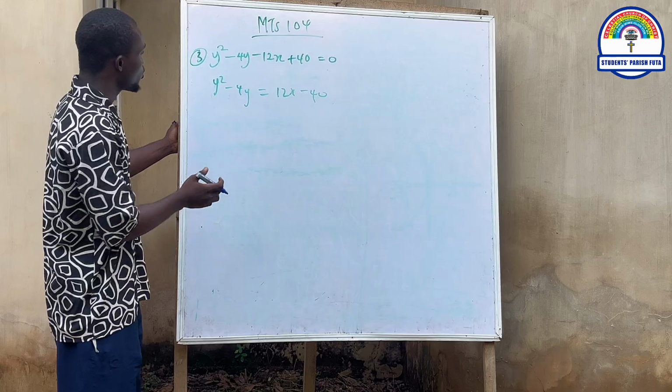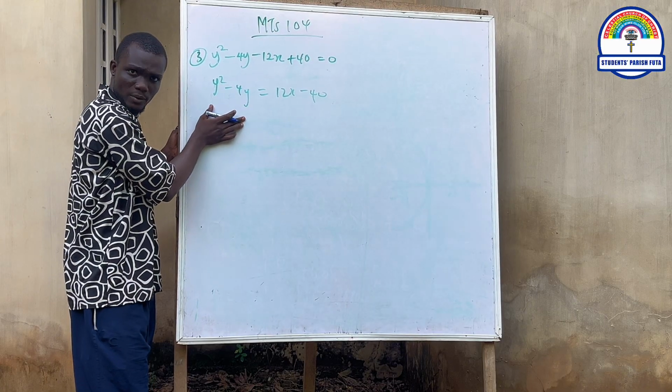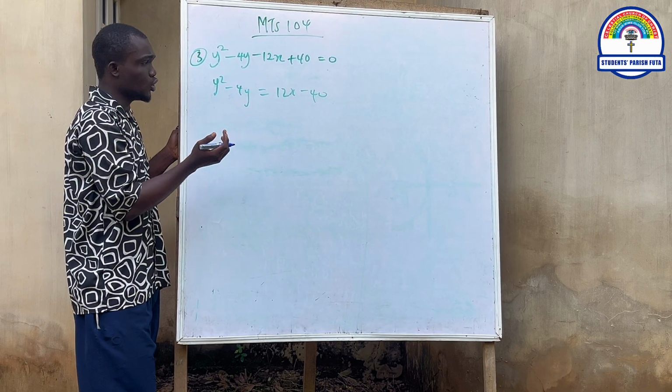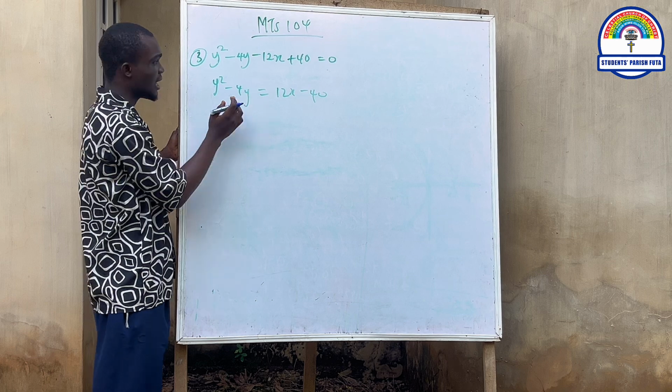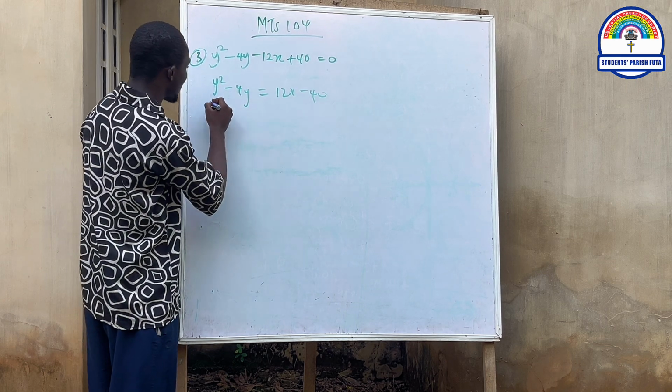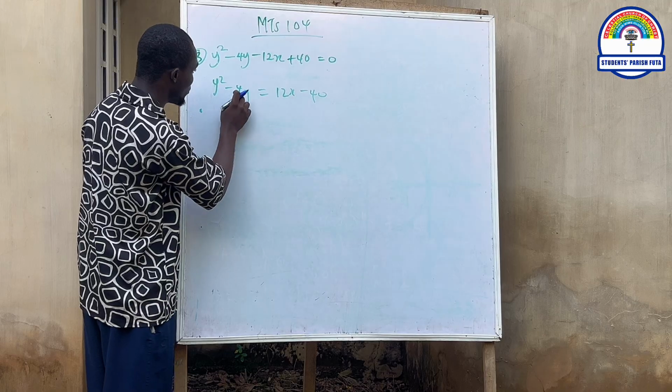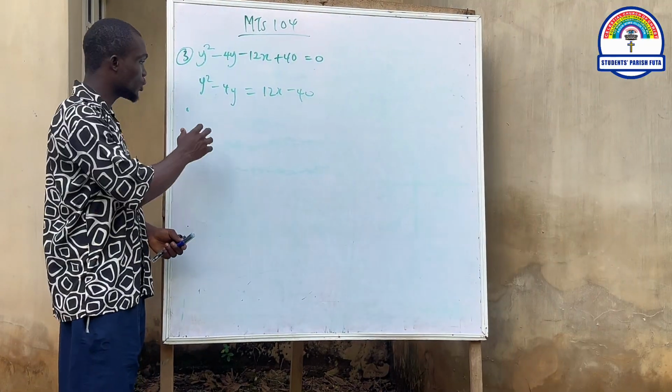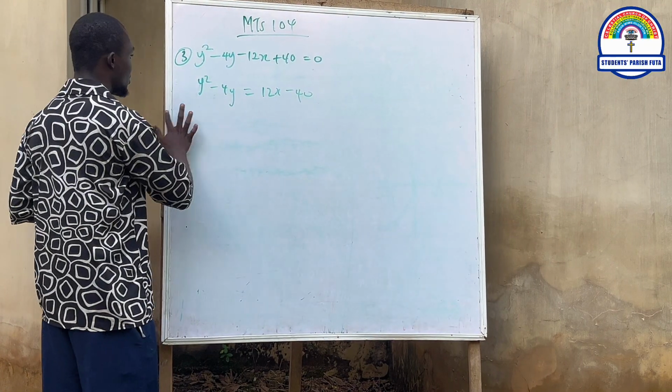So now, to make this one a perfect square, what do we have to do? Using the completing the square method, we know we need a 4 here. And how do we do that? We'll find the half. Okay, let's solve this step by step.